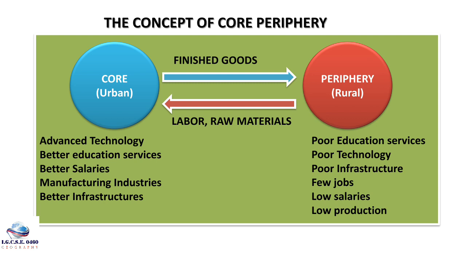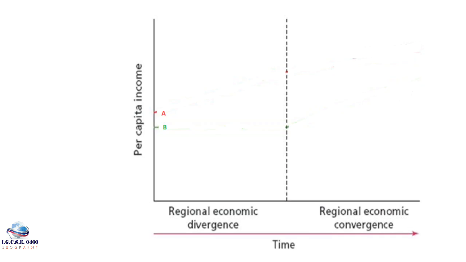So let us understand this core and periphery using the cumulative causation model. We will start with a graph which shows time on the horizontal axis and per capita income on the vertical axis.